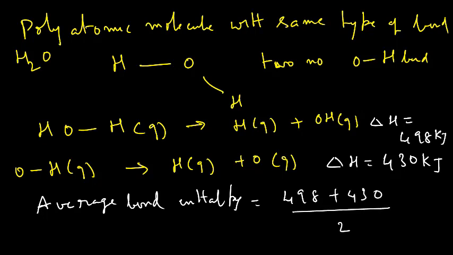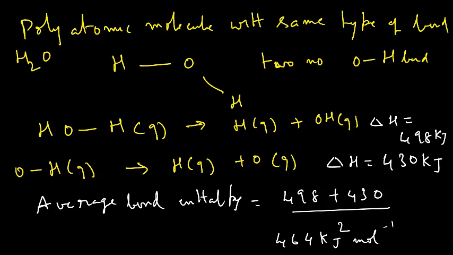So this we get 464 kilojoule per mole. So in polyatomic molecules, that is, having more than 2 atoms with similar bonds, the bond energy is not the same for every bond. The different bond energies are there. Therefore, the mean bond enthalpy or average bond enthalpy can be obtained by taking the average.